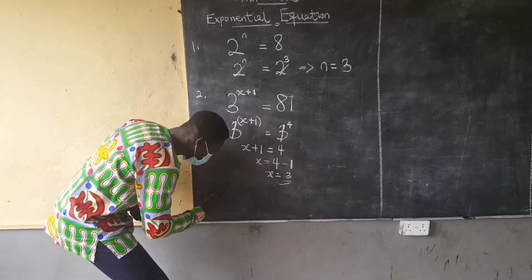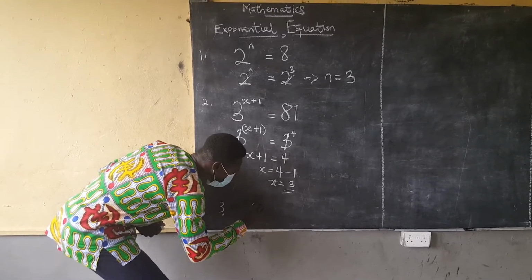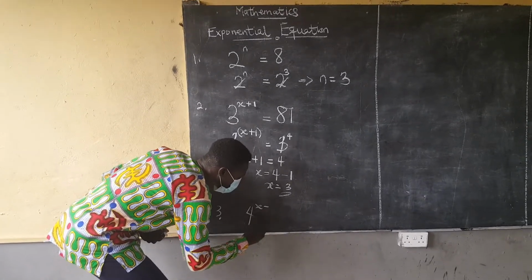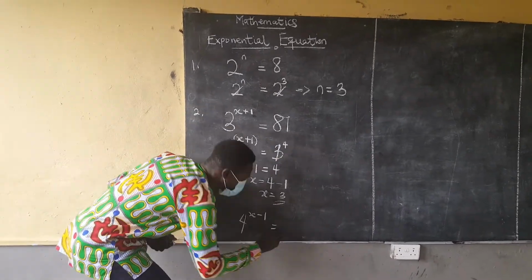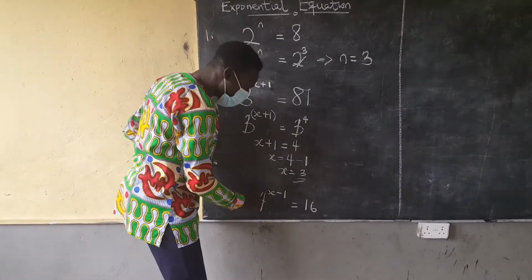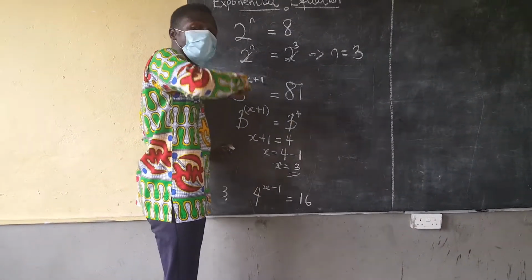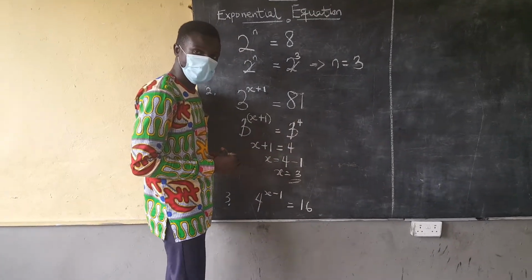Let's say we have number 3. We have 4 raised to the power x minus 1 is equal to 16.